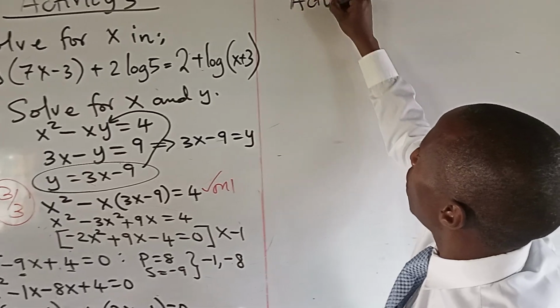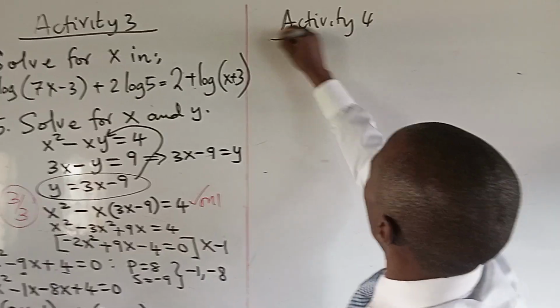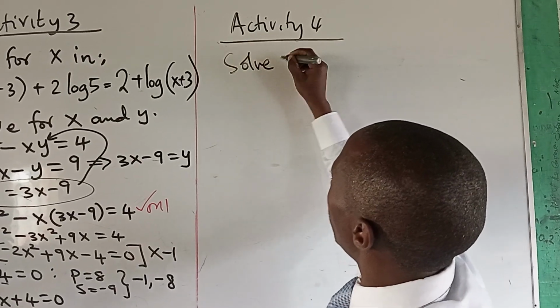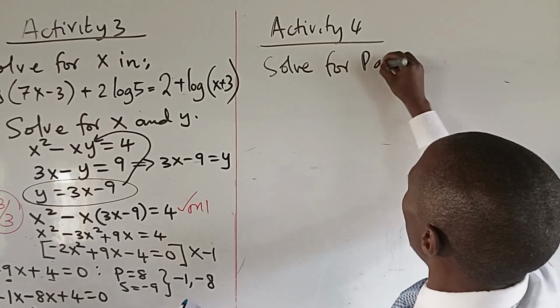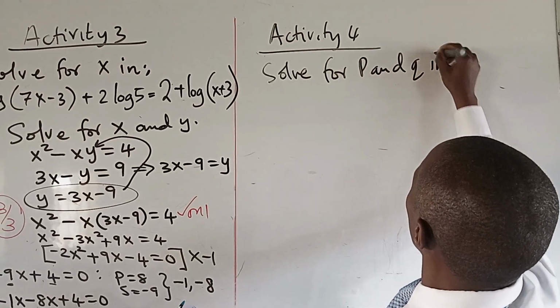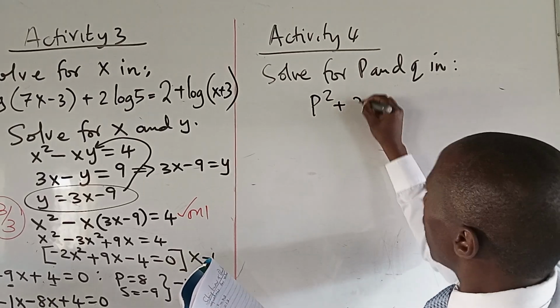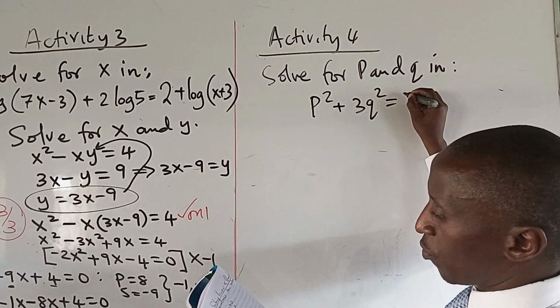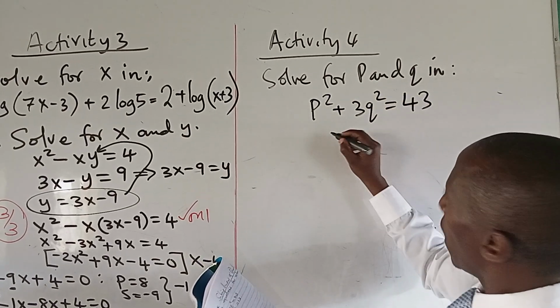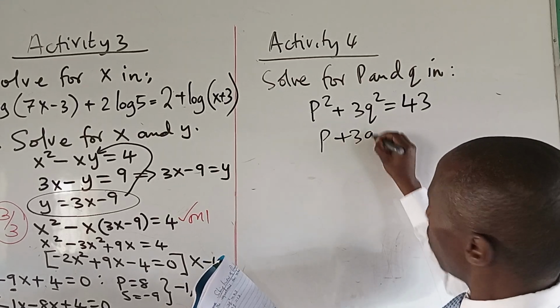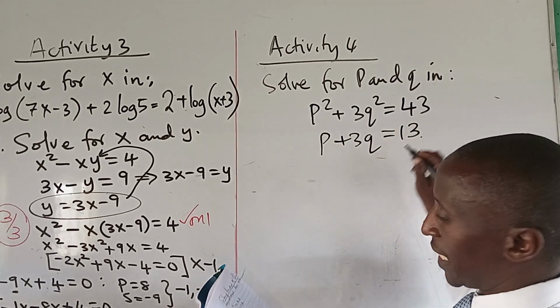Activity 4 will require us to solve for P and Q in the set of equations P squared plus 3Q squared is equal to 43, P plus 3Q is equal to 13.